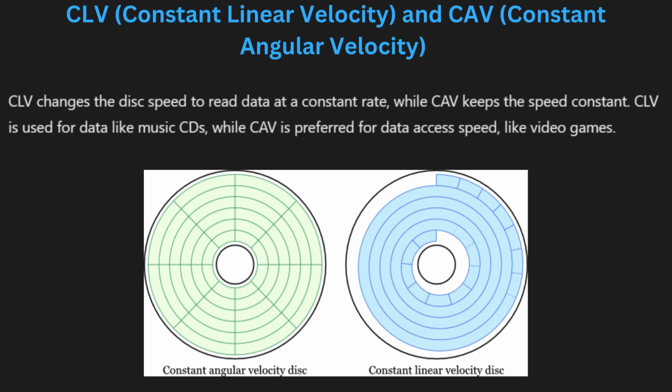However, CAV uses the space less efficiently compared to the CLV, as the amount of data that can be stored decreases as you move from the inner to the outer edge of the disk. CAV is often used in data storage systems where random access is important, such as in gaming and computer software.